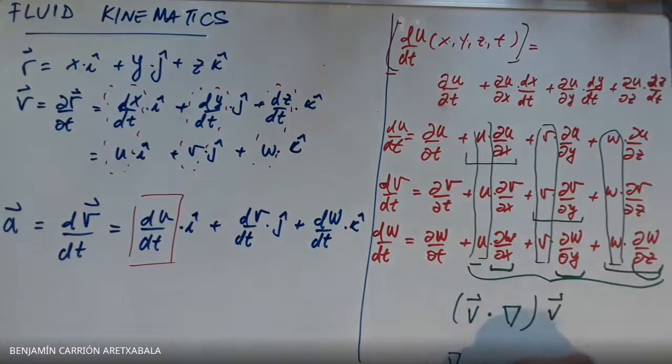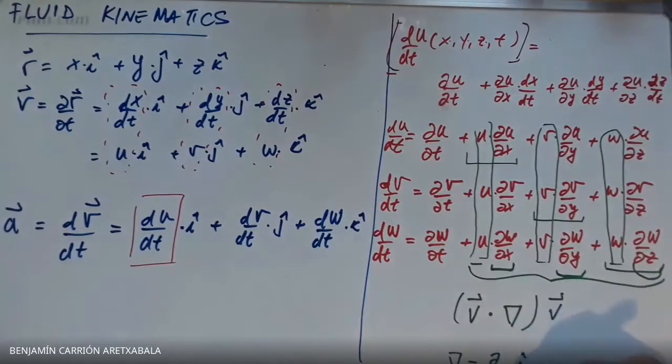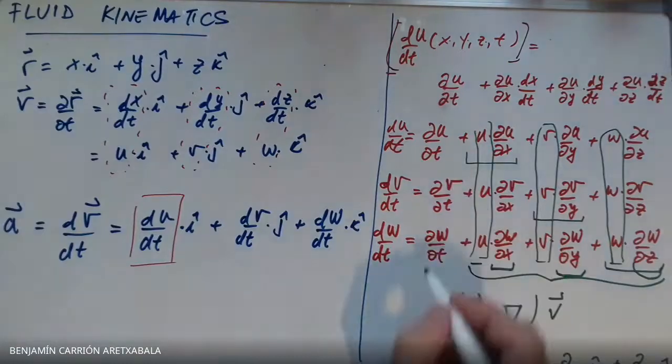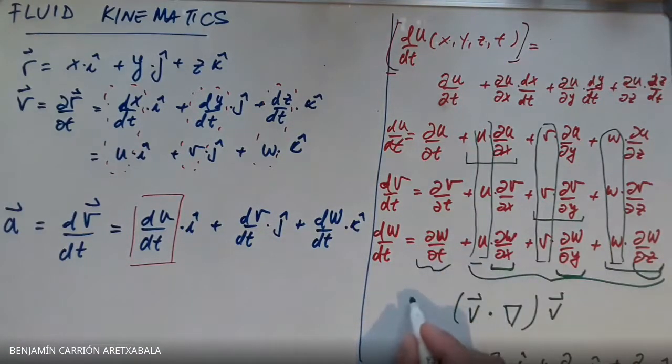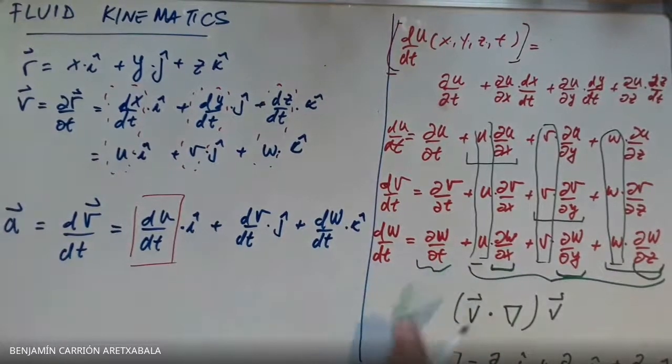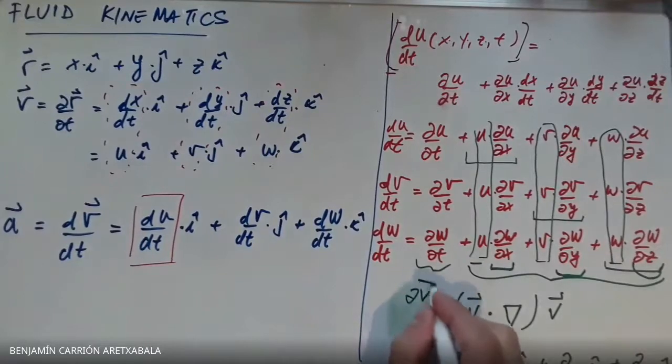And nabla is the operator ∂/∂x i plus ∂/∂y j plus ∂/∂z k. And this part here is the temporal derivative, the partial derivative with respect to time of the vector V. Can you see this? Is this clear?